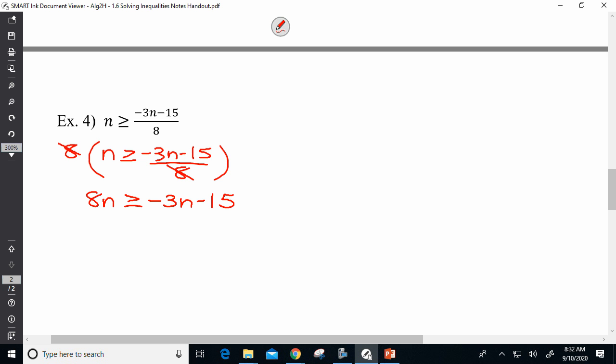Now, we still have variables on both sides, so we still have to take care of that. Add 3n to both sides. So you have 11n greater than or equal to negative 15. Divide both sides by 11. n is greater than or equal to negative 15 over 11. And since I know that that's a decimal that doesn't end, I'm going to leave it as a fraction.